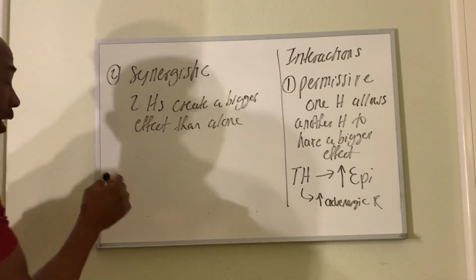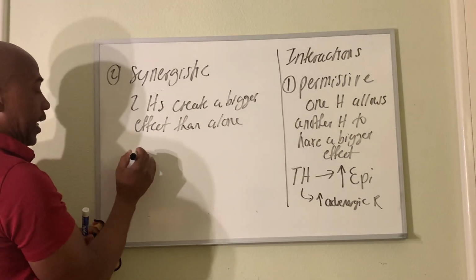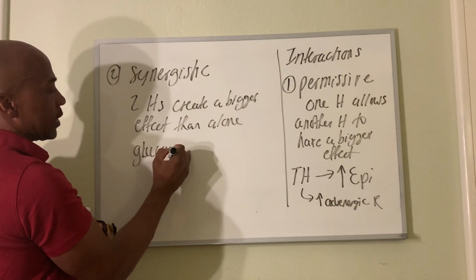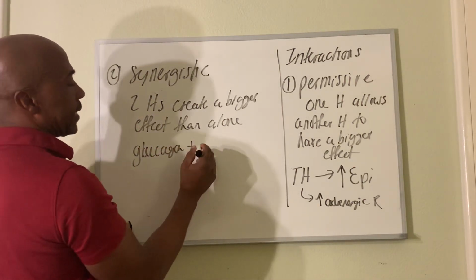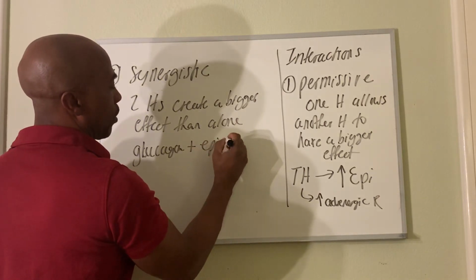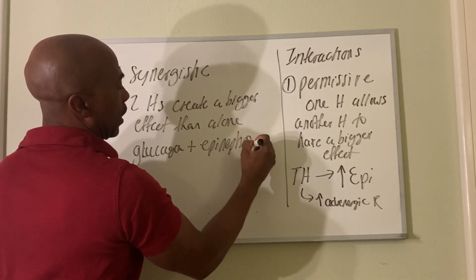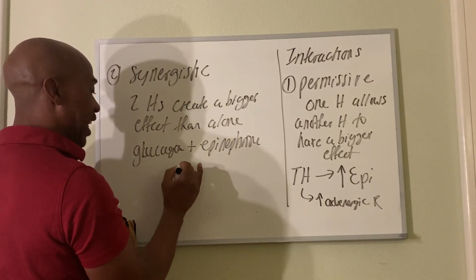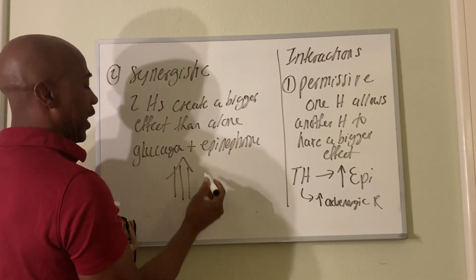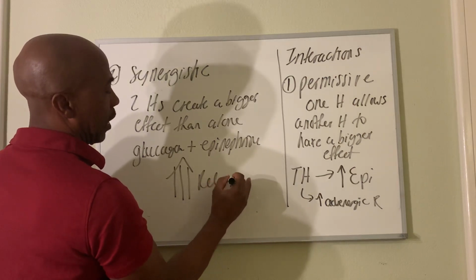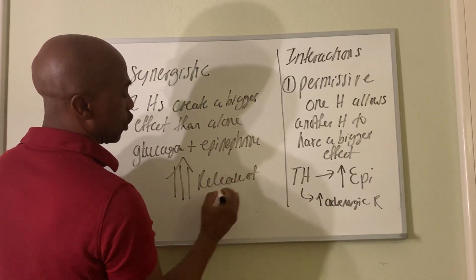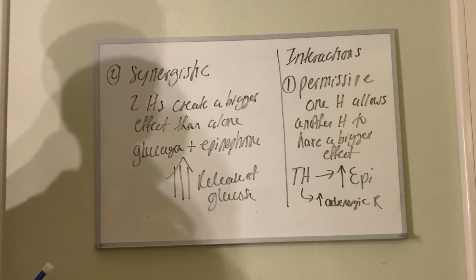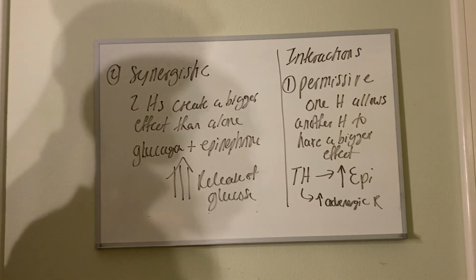For example, we use the examples of glucagon and epinephrine. These 2 hormones or chemicals will cause an increased release of glucose in the blood when they act together. So that's an example of a synergistic interaction.